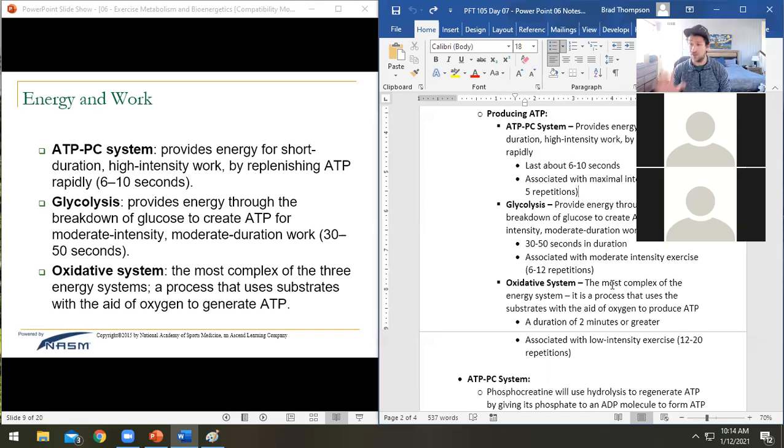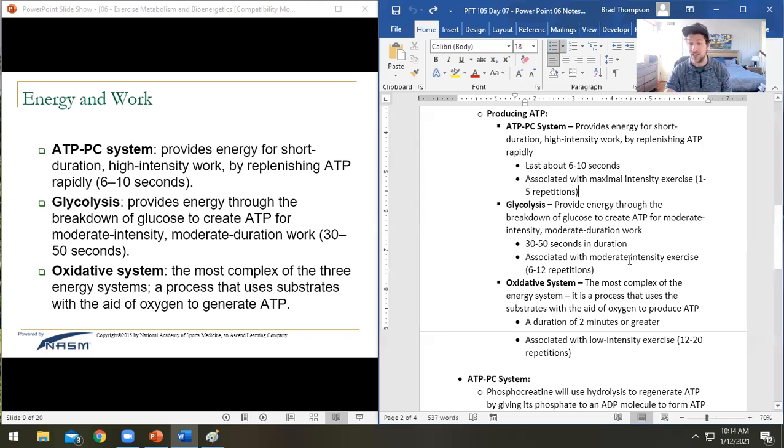Now, if that's not your goal, let's say your goal is to be a little bit more generally athletic, right? You don't want to focus only on short duration, super explosive work. You want to lift a little bit lighter, but still very heavy in general. Well, that's where glycolysis finally kicks in, and this is associated with about 30 to 50 seconds of work.